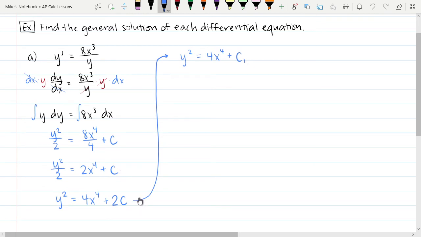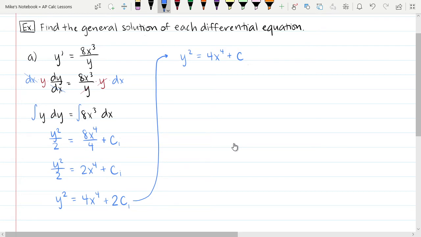That's the important thing. In fact, oftentimes what you'll see is if you anticipate that you're going to change the constant, we might even call the first one c1. And then once you multiply that by 2, we call the new constant just c. So sometimes you'll see that done as well. Okay, it doesn't really matter just as long as you're aware that these are different.